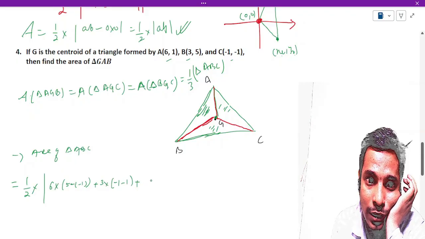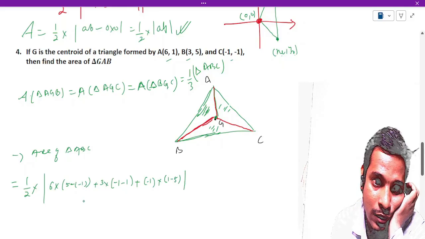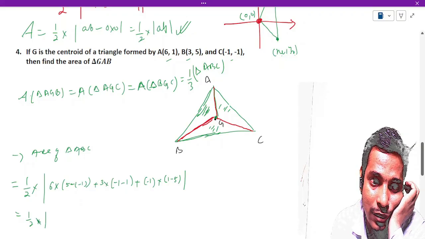Plus the next number is minus 1 multiplied by 1 minus 5.